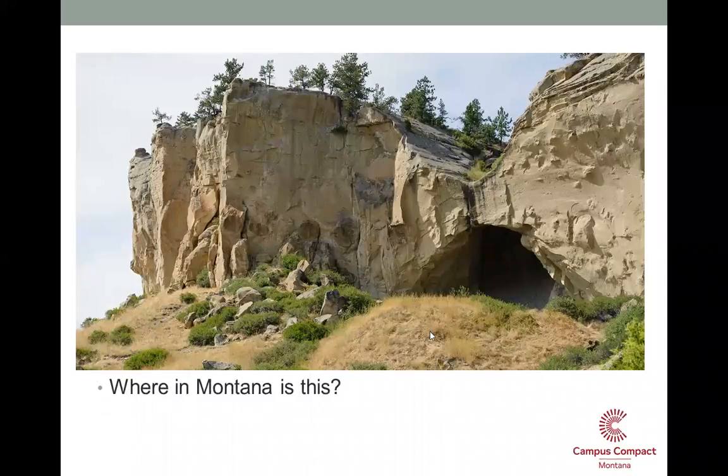Ooh, I think this is the final one. Where in Montana is this cave? Rebecca keeps using the private message, and I can't see it for some reason. Yeah, Cora got it.